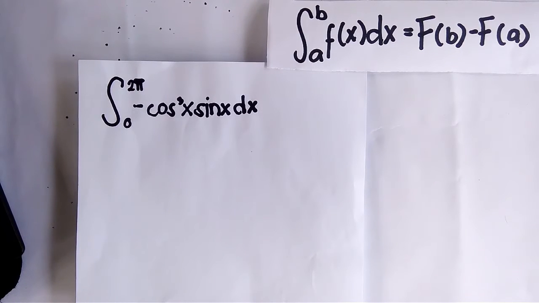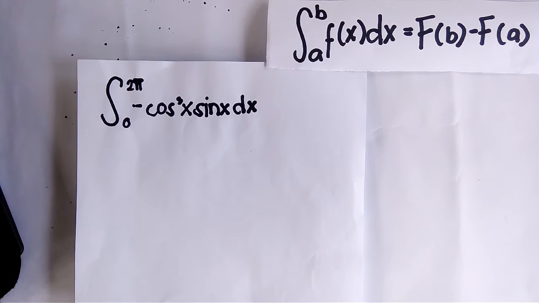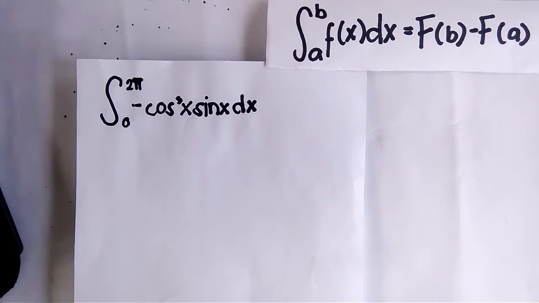For the last example, we have integral of negative cos raised to 3 x sine x dx from 0 to 2 pi. In this example, we can apply the u substitution. So first, we have to know what is our u. So our u is the cosine x.